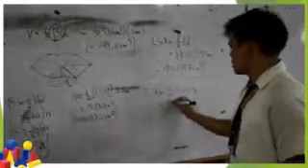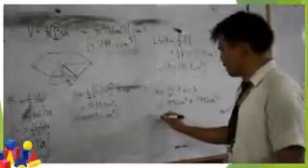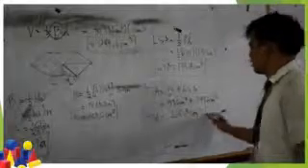Now, TSA would be the base area plus the lateral surface area. So that's 93.6 square centimeters plus 171.7 square centimeters. So our TSA would be 265.3 square centimeters. And there you have it.